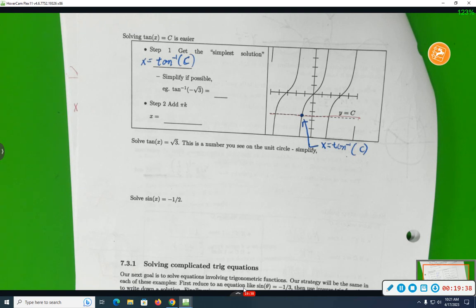Yeah. It would be negative pi over 2 to pi over 2. So I want the one that's between those two. So which angle is it then that I'm looking for?